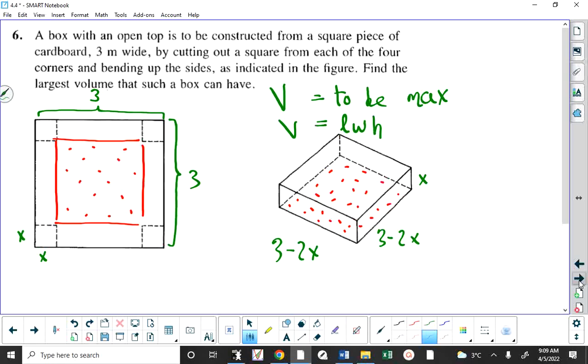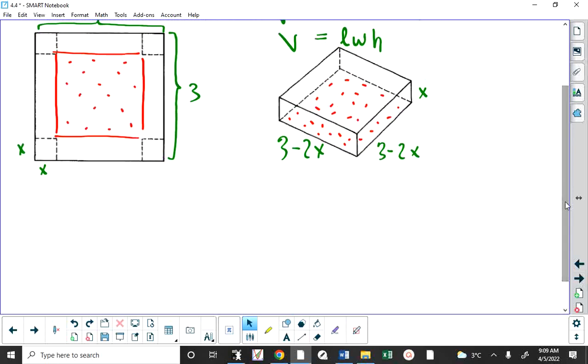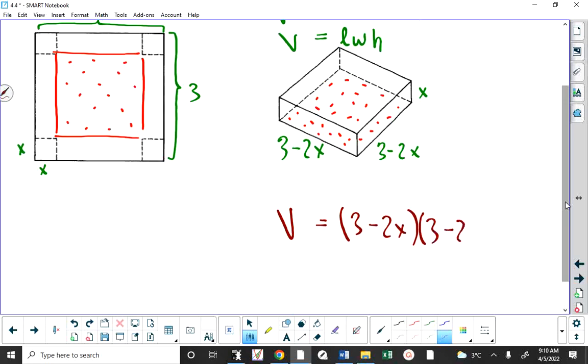We need a variable, so let's introduce x, and then define length, width, and height in terms of x. Now I have my formula: volume equals 3 minus 2x multiplied by 3 minus 2x multiplied by x.